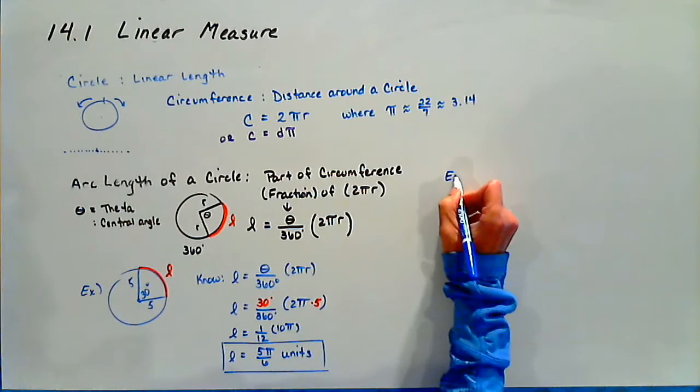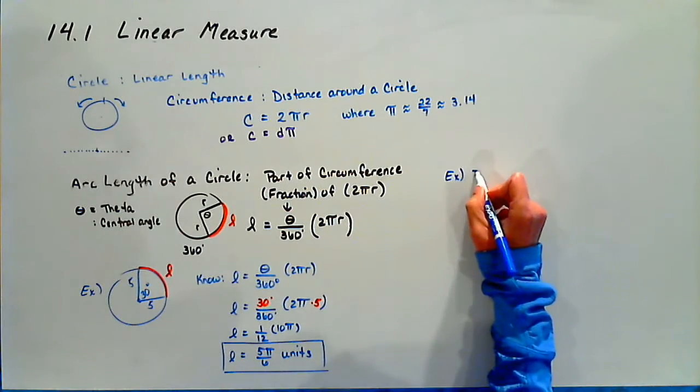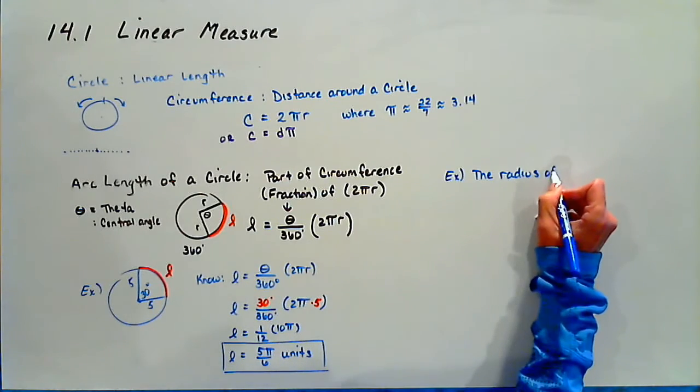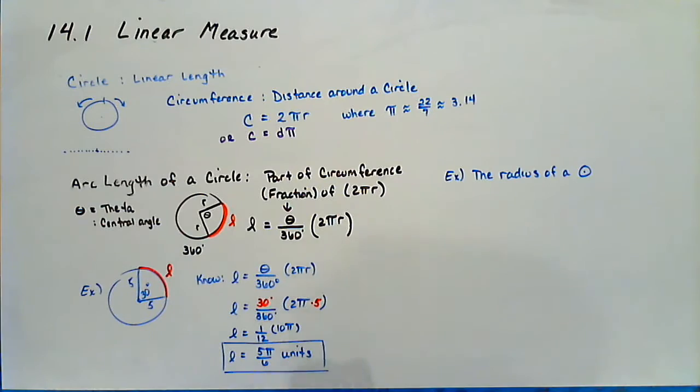And lastly, what if I give you the other way? So this time I'm going to give you the radius. Of course, the symbol for a circle is a circle.